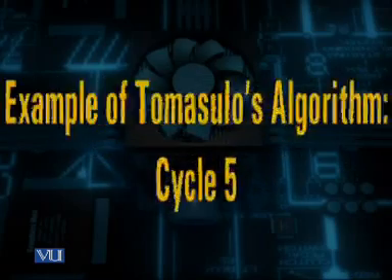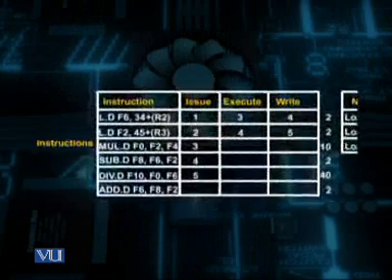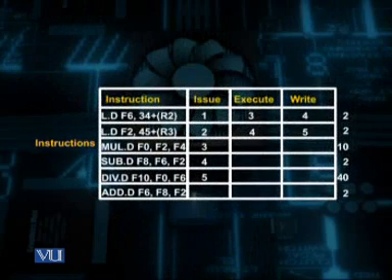Now you can see in the fifth clock cycle, the divide instruction is issued. The second load instruction has completed its execution, and its result has been written into the destination register, that is F2. Whereas the multiply instruction is still in the execution phase, the subtract instruction is also in the execution phase, and the divide instruction has just been issued.